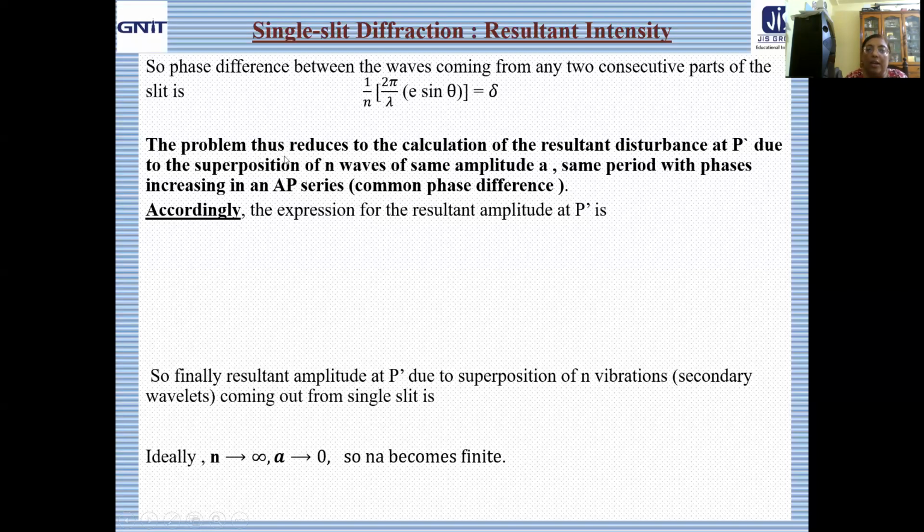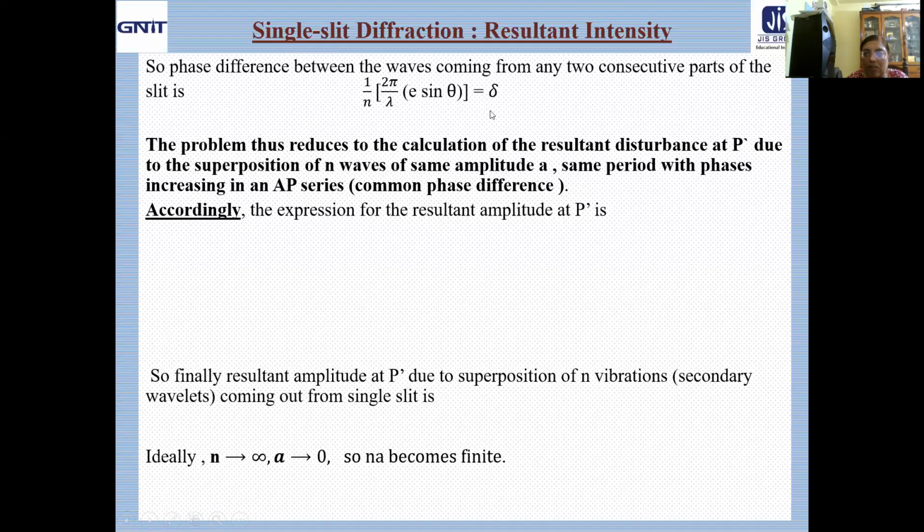Our problem reduces to the calculation of the resultant disturbance at P prime due to the superposition of n waves, because you are considering the entire width divided into n equal parts. Naturally, out of each part, you may consider that n number of waves are coming out of same amplitude A, same period, because you have taken wavelength to be same, with phases increasing in an AP series. That means common phase difference.